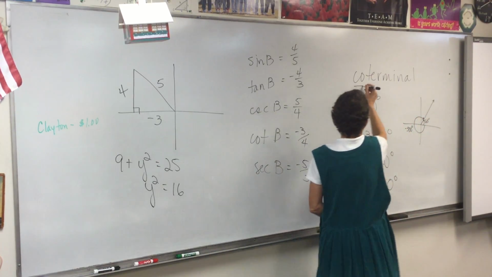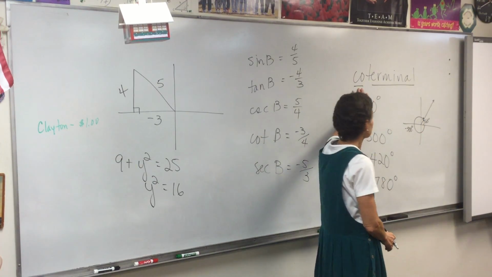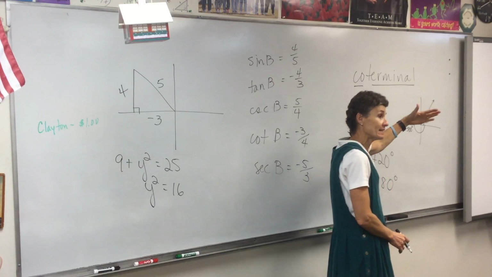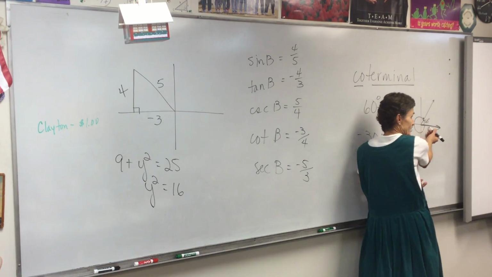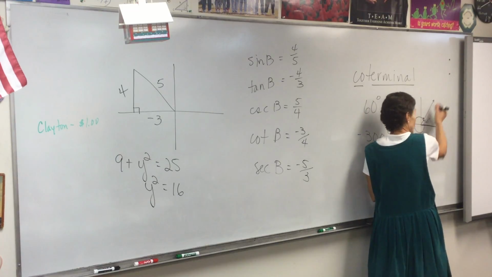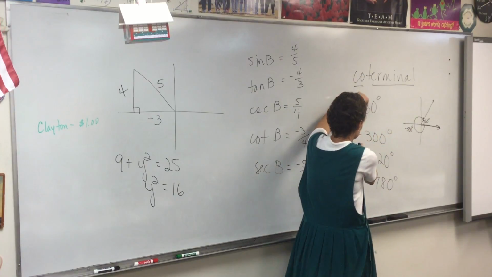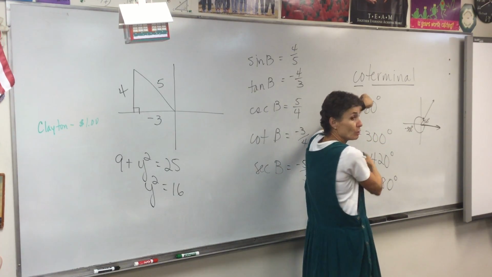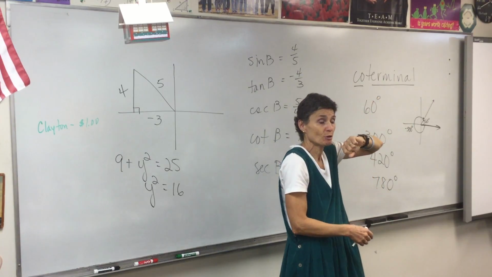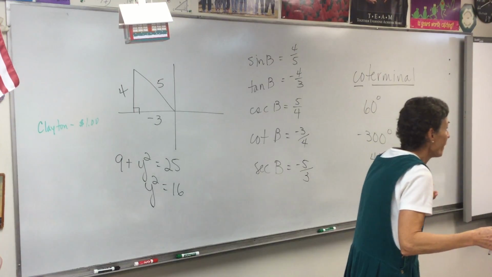The word coterminal means it shares a terminal side or an ending side. Remember, all of your angles start here. That's the initial side always. This is called the terminal side. That's where it ends. Well, both of these angles start and stop at the same place. So coterminal means they share the same terminal side. Or, as somebody up here said, they end in the same spot.